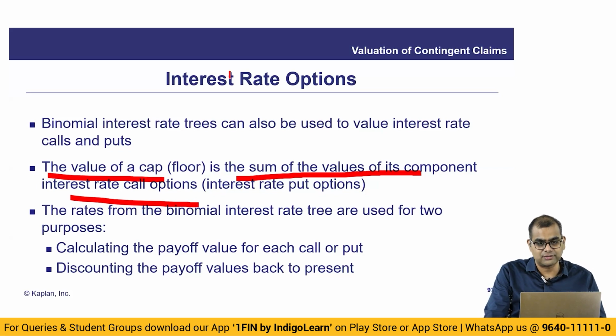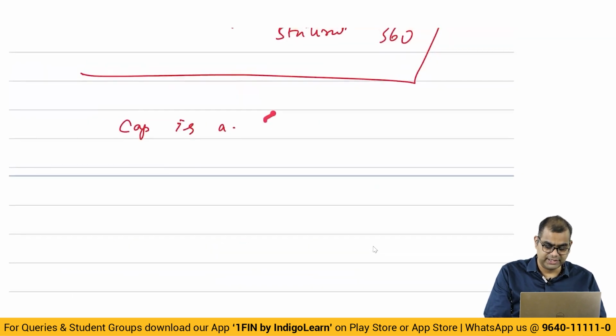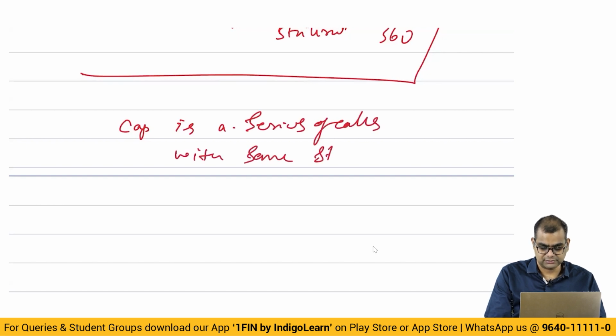What is a floor? So, a cap is a series of calls with the same strike. Floor is a series of puts.